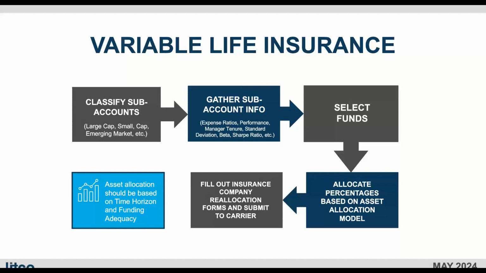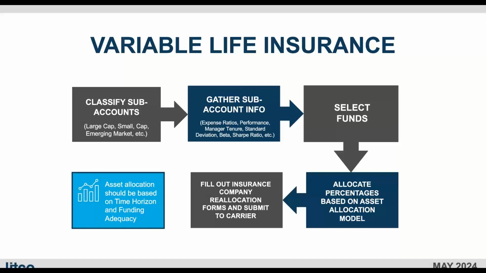And once you look at those subcategories under those investments, so you may have 4 or 5 large cap funds, you need to differentiate between those. So you're going to have to look at expense ratio, performance, manager tenure, standard deviation, composite percentages. Do they actually meet what they say their underlying investment is?